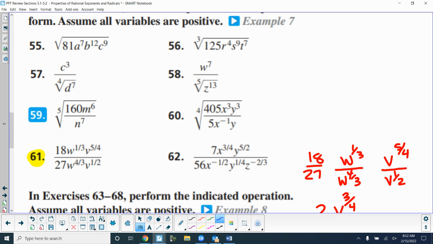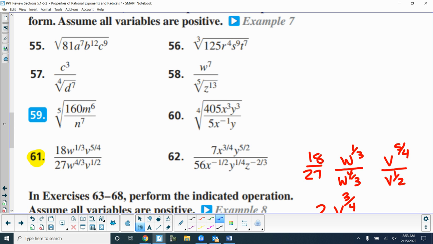So the r and the t are under the cube root symbol. 58, this is the numerator, w to the 7th times the 5th root of z to the 2nd over z to the 3rd. 60, 3x times the square root of y. 62, 1/8 x to the 5/4, y to the 9/4, z to the 2/3.